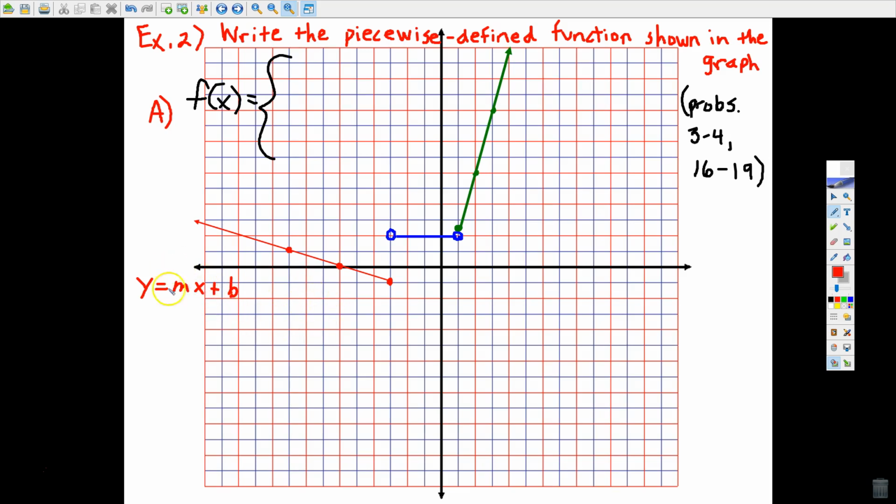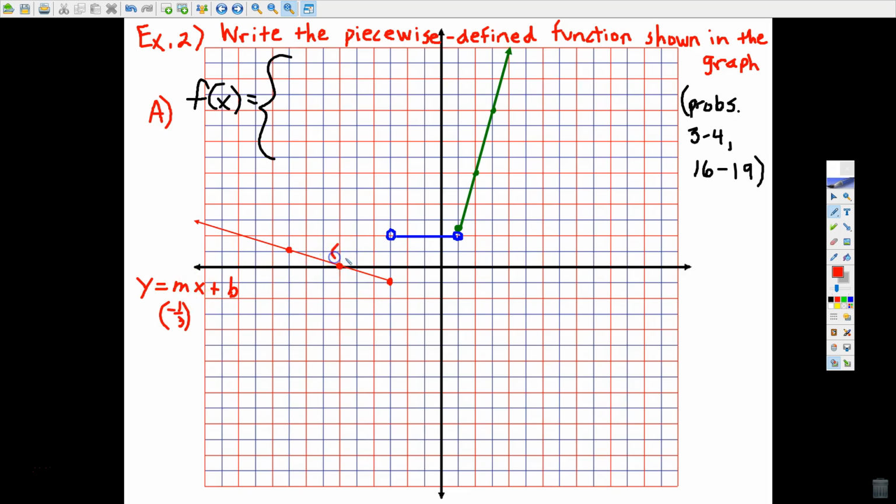We just need the slope and the y-intercept, and if we know those two things, we can write the equation. We can tell slope pretty easily because we use rise over run. If you start at this point and go up 1, left 3, that means the slope is negative 1/3. We can't tell exactly what b is, but we can figure it out just by using one of these ordered pairs.